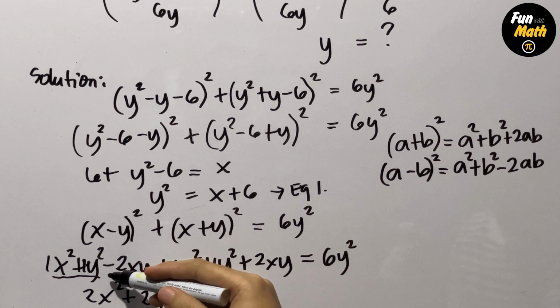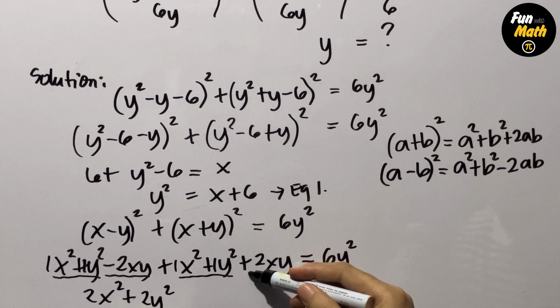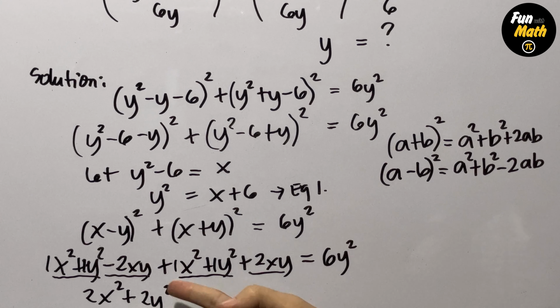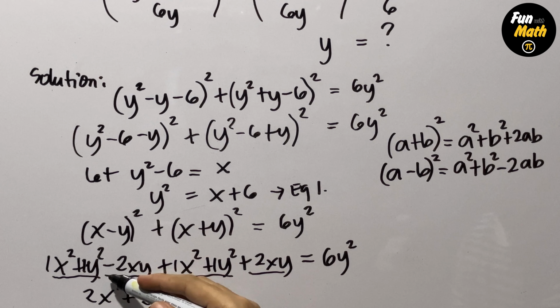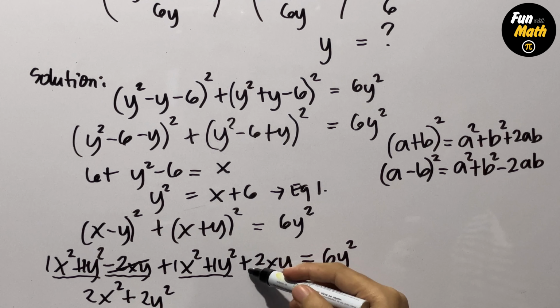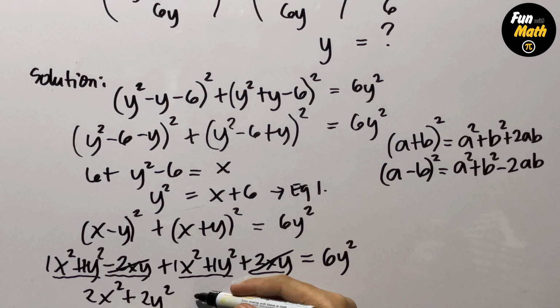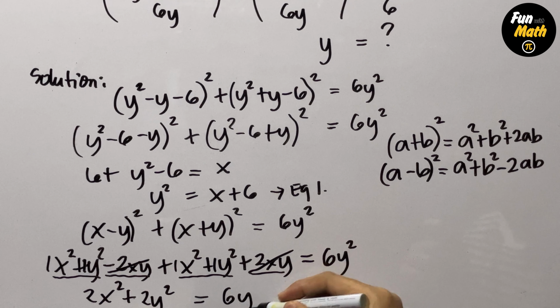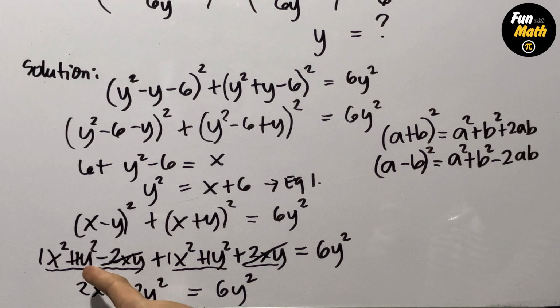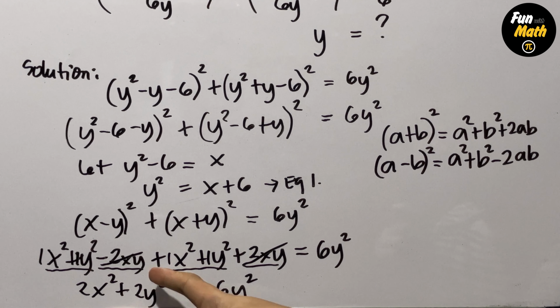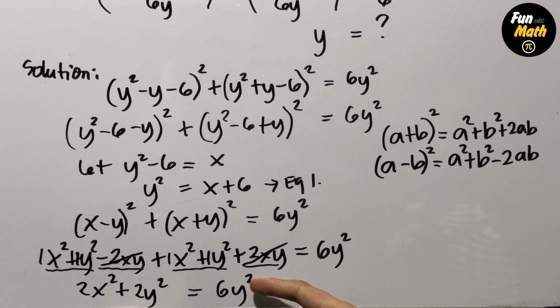Another, we can combine negative 2xy and positive 2xy. Since they are the same, 2xy and 2xy, but with different signs, we can subtract them, and that is 0. So cancel it. Then equals 6y squared. So we have now 2x squared plus 2y squared is equal to 6y squared.